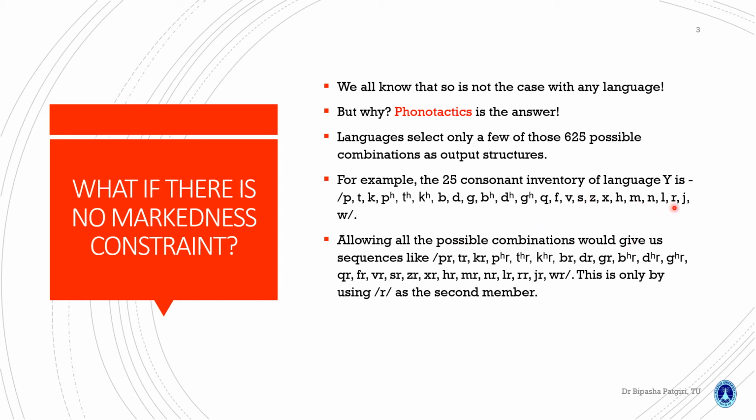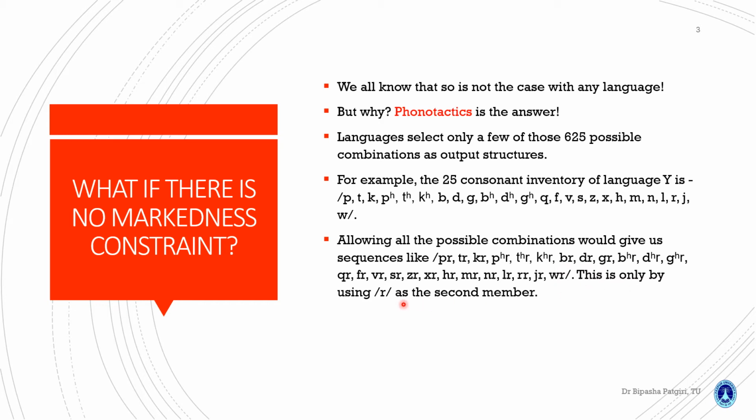Allowing all the possible combinations of all these 25 consonants would give us sequences like pra, tra, kra, and so on, with, let's say, only ra. So if you combine all these sounds as the first member of a particular consonant cluster, and take ra as the second member of the cluster, you get as many as 25 such structures.